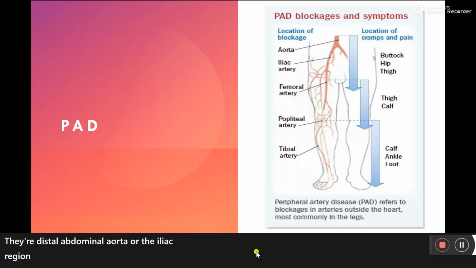Okay? Because if the vessel is blocked in the common iliacs, and especially if it's one side versus another, like they're having cramping and pain in their right buttock or their right hip, then it's probably a right common iliac issue. If it's on the left, it's probably a left common iliac issue.